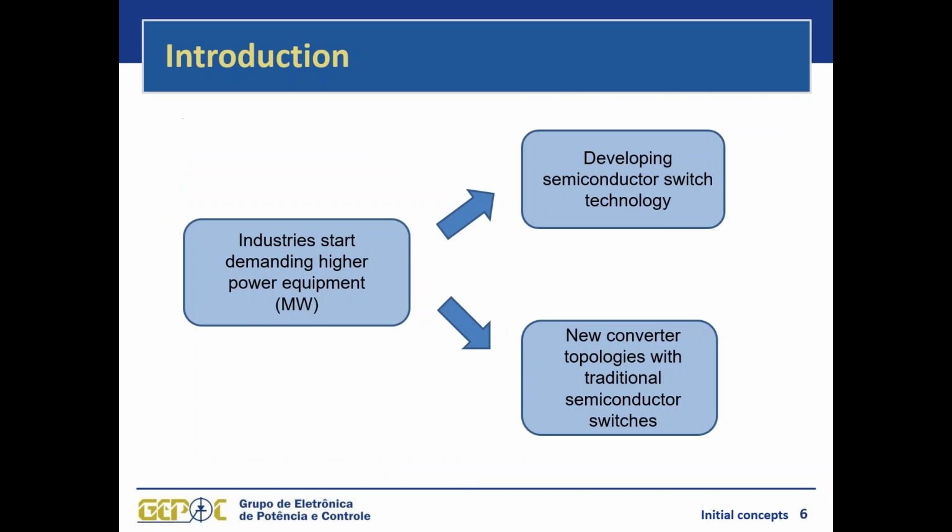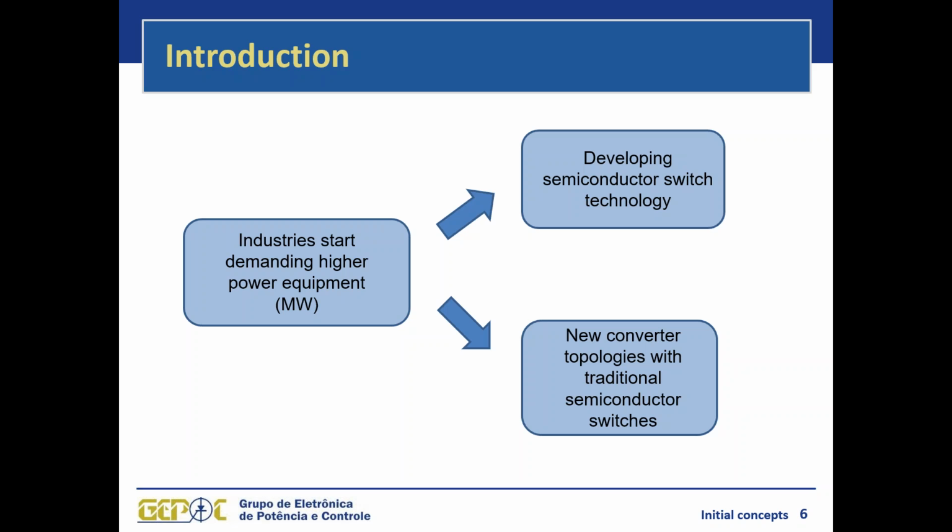In this context, we are working with higher and higher power equipment that demands new technology. In this sense, we can work with semiconductor switches with new technologies that allow faster switching frequencies and higher powers, voltages and currents.